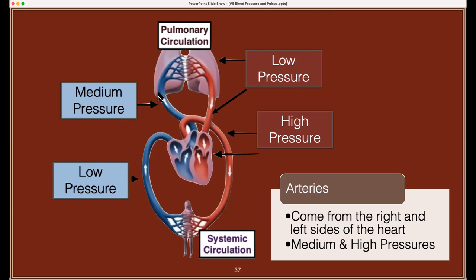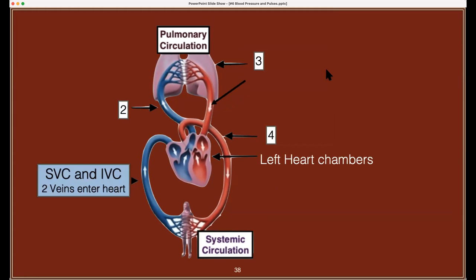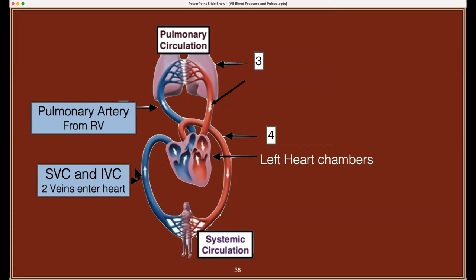going to the lungs for oxygenation. And this is a simplistic picture, but usually the images you'll see are going to be the superior vena cava, inferior vena cava. So two veins are entering the heart. The pulmonary artery is going from the right ventricle to the lungs.